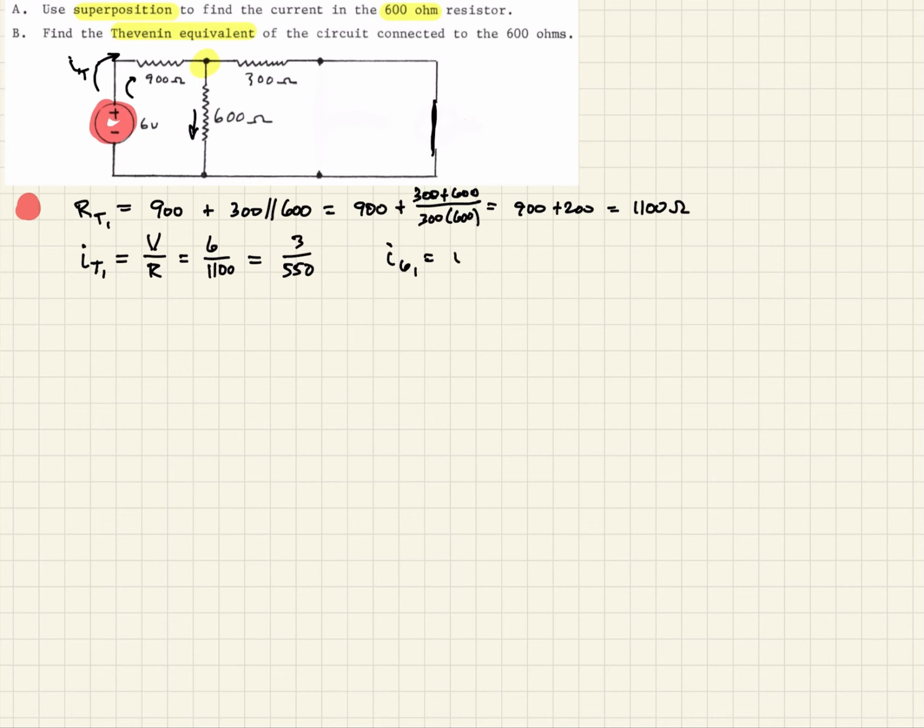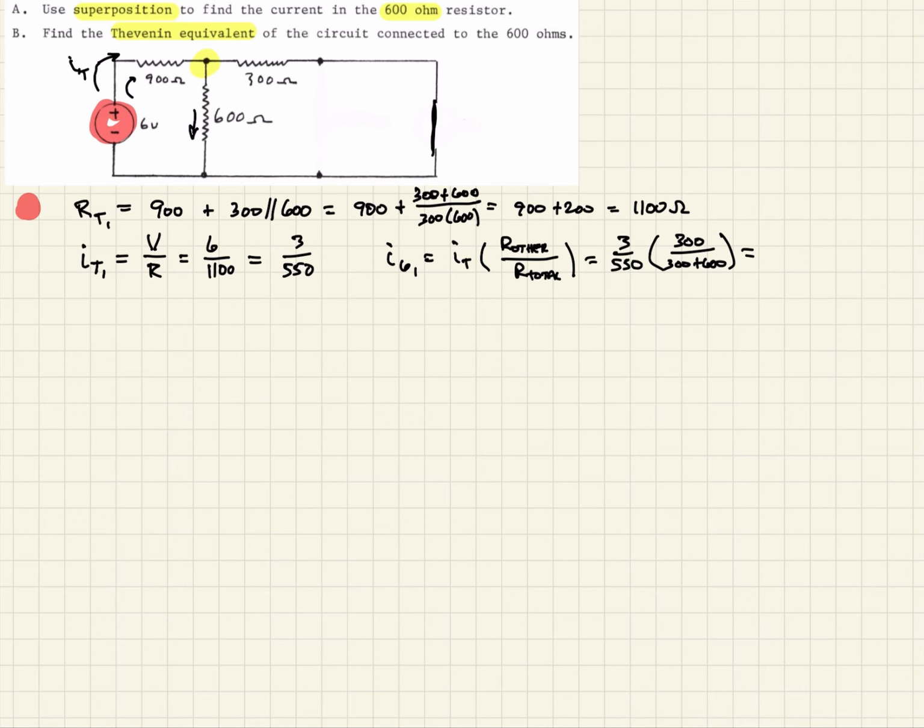It's the total current times the resistance of the other branch that we're not interested in, over the total resistance of everything in the current division. So in this case, it's going to be 3 over 550 times 300, that's the branch we don't care about, over 300 plus 600.